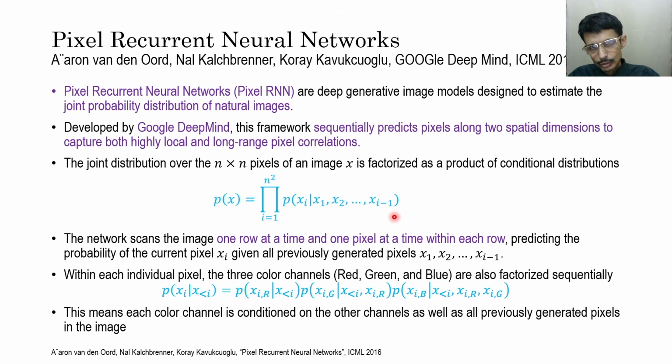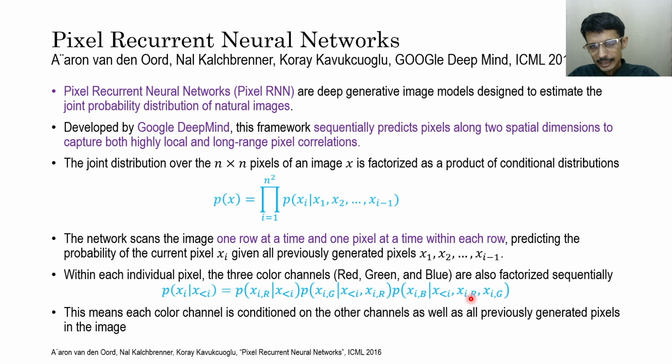Not only this, within each individual pixel there are three color channels: red, green, and blue. These are also factorized sequentially. For example, for pixel i, the red channel comes first, then the green channel, then the blue channel.